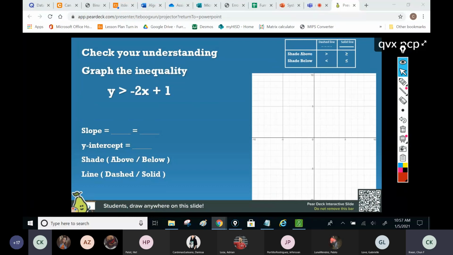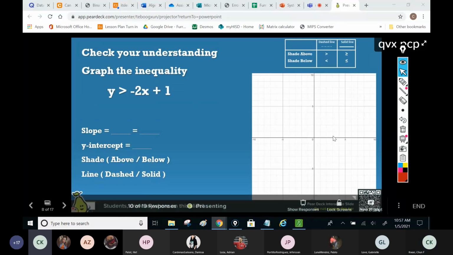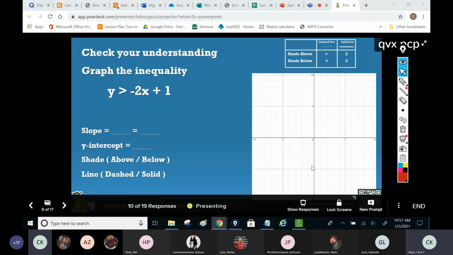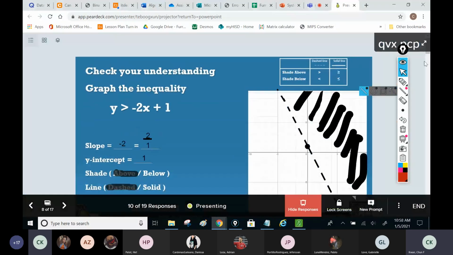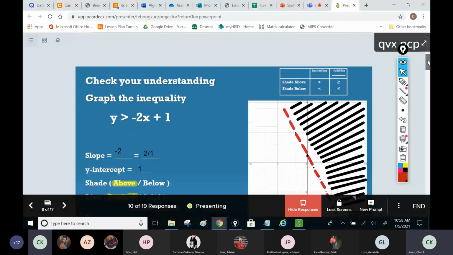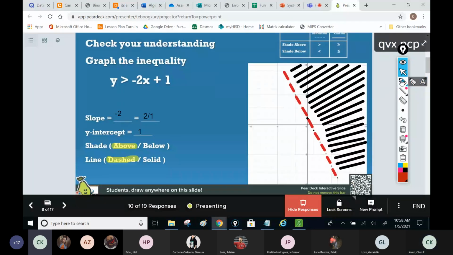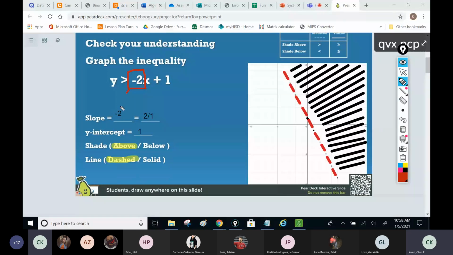All right, most of you guys did pretty good on that, so I'm just going to go over this quickly using one of your work. The slope is -2, which you can put as a fraction, -2/1.